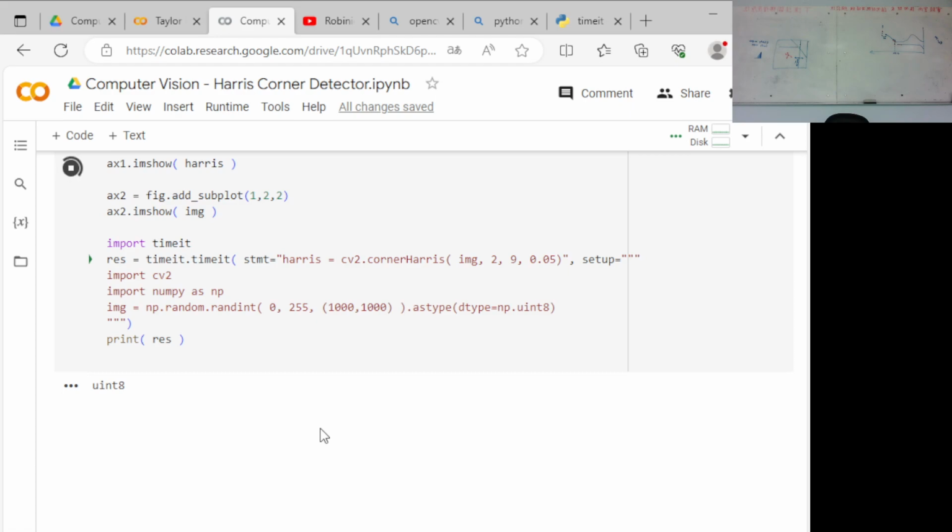You need to import the timing module. There's a module called import time, and that allows you to check how fast. It'll tell you every time you call that function, it's 12 milliseconds. So it's a very useful tool.